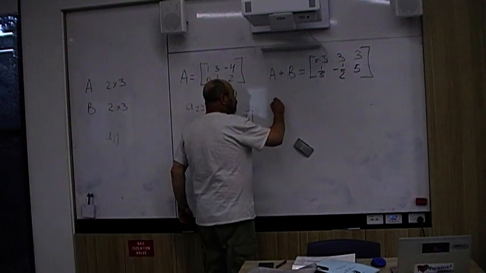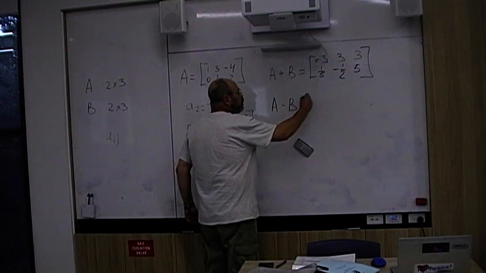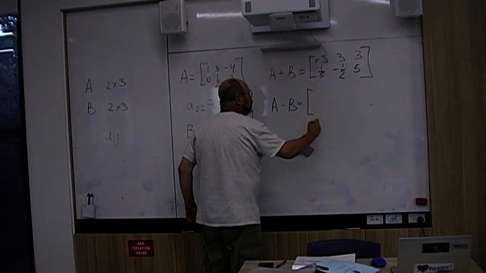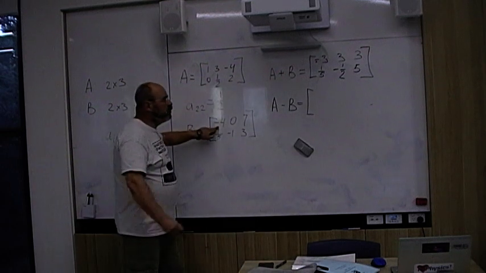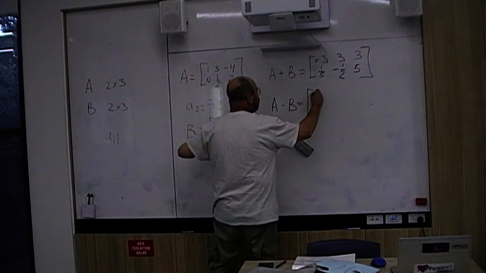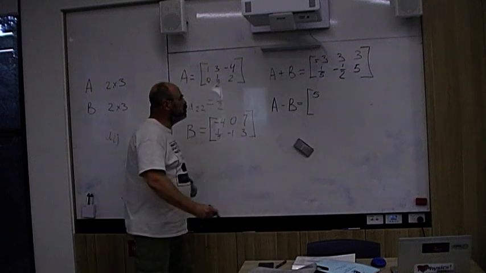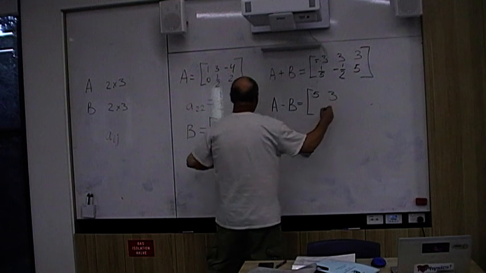If you subtract matrices, we subtract the corresponding numbers. So it will be 1 minus negative 4, will be 5. 3 minus 0 will be 3.